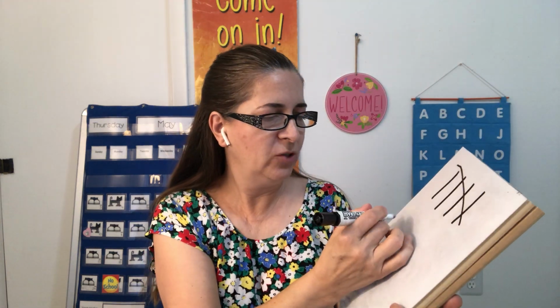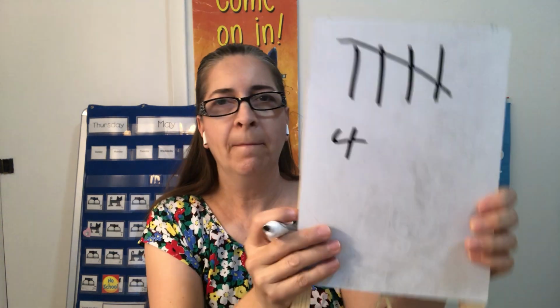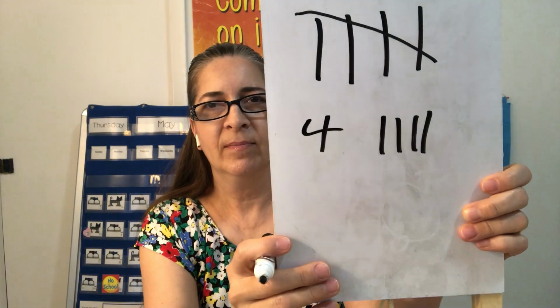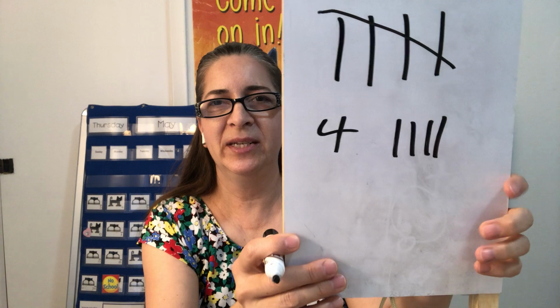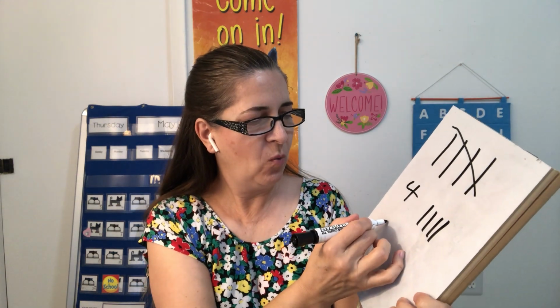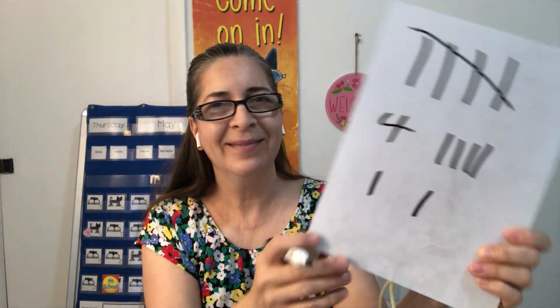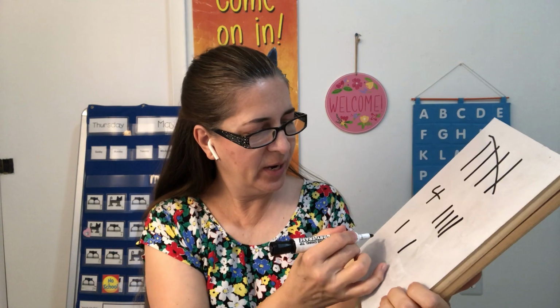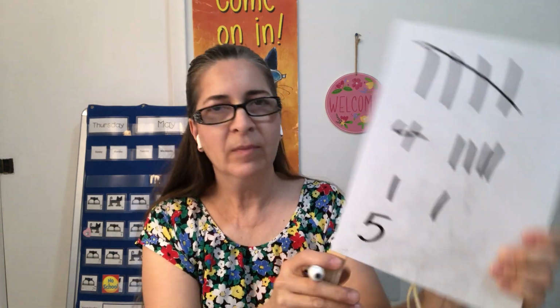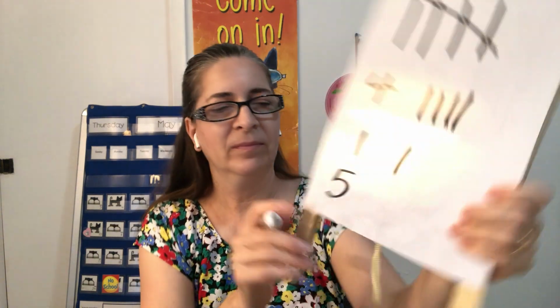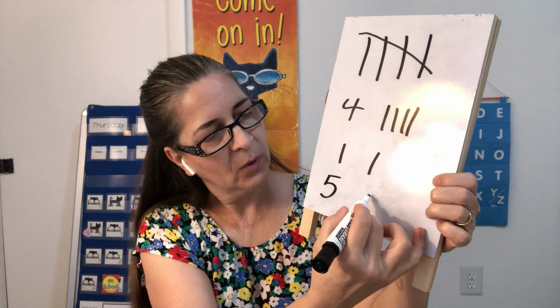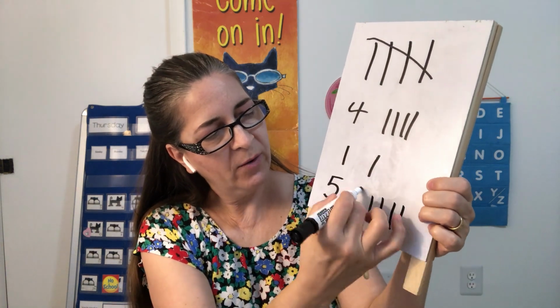So how would I show this number? Okay, is that what you did or said? Perfect. How would I show number 1? Like that. And how would I show number 5? Remember, 1, 2, 3, 4, 5.